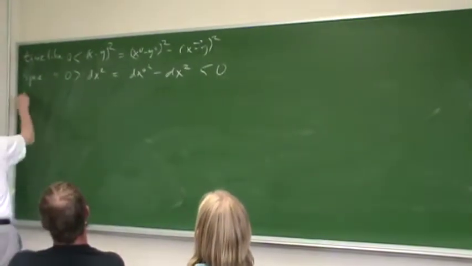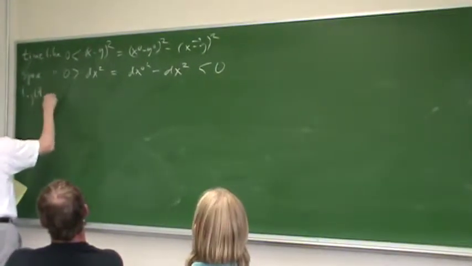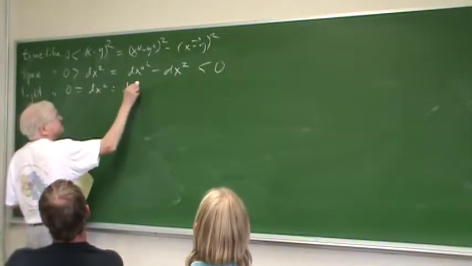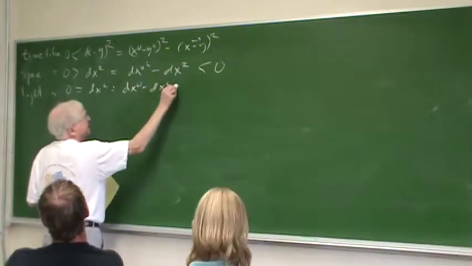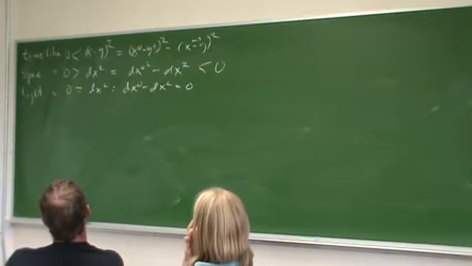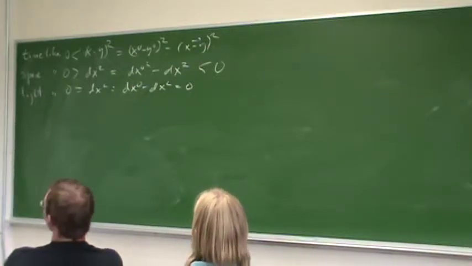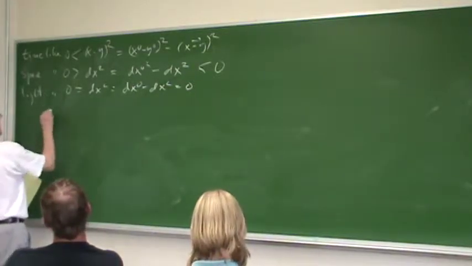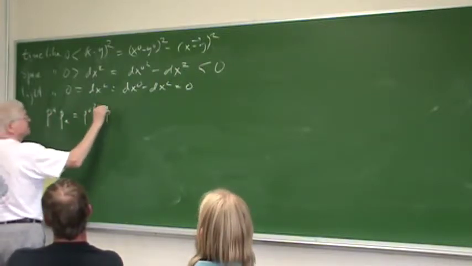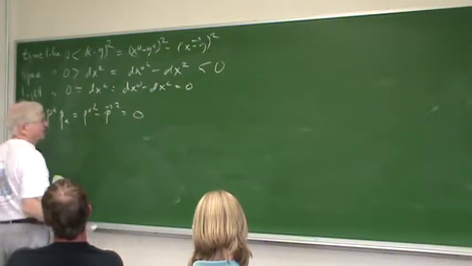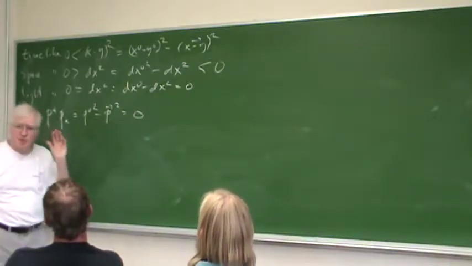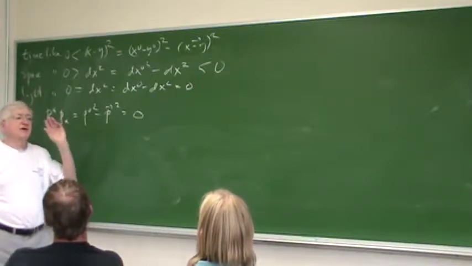And then, of course, lightlike is 0 equals dx squared, so dx0 squared minus dx squared is 0. So photons go as lightlike. In fact, for any massless particle, p^A p_A, which is P0 squared minus P vector squared, is actually 0. It would normally be m squared, but the particle is massless, so it's 0. So the full momentum of a massless particle is lightlike.